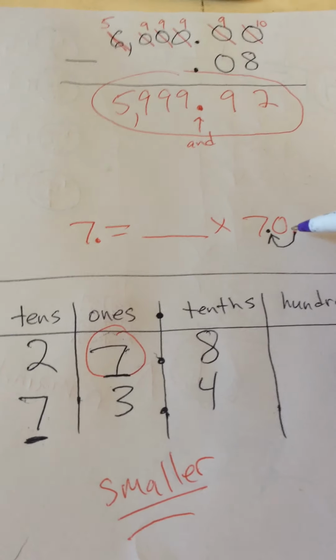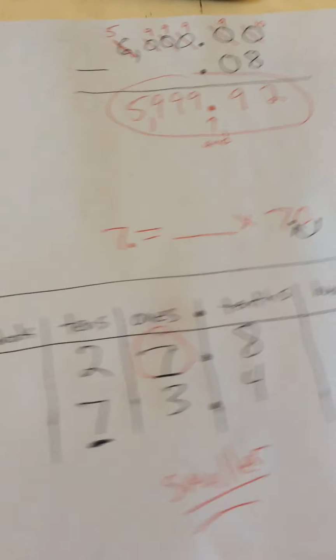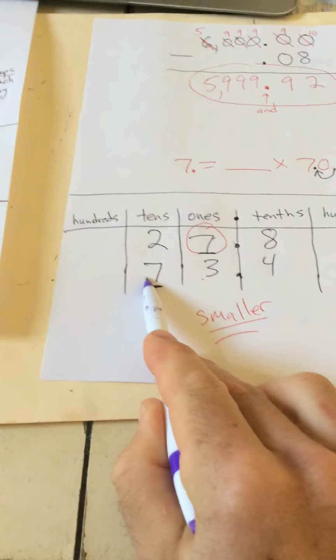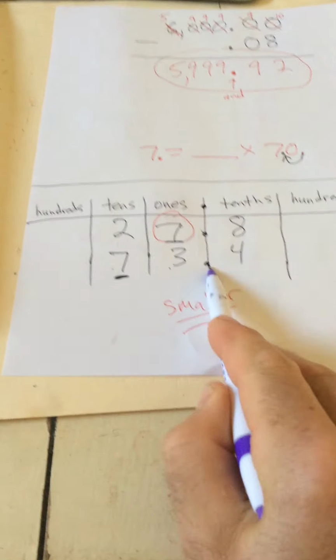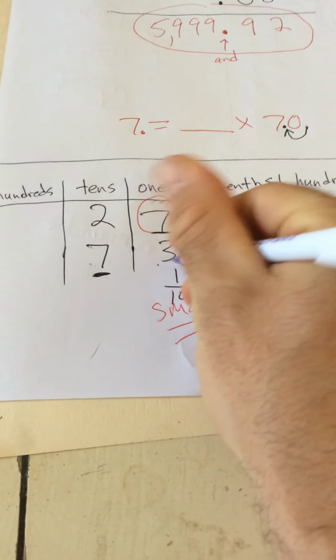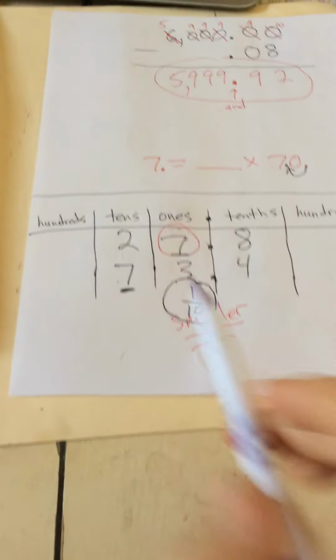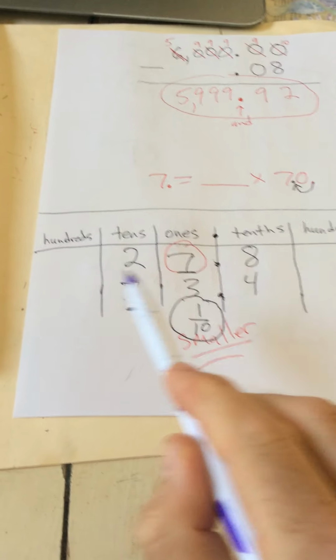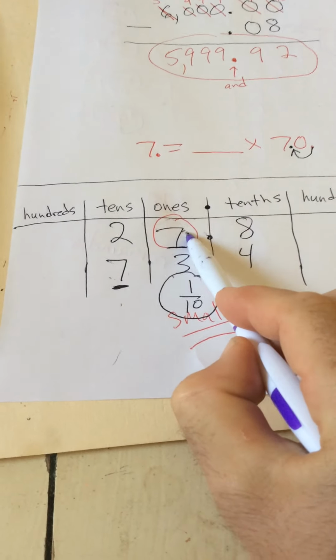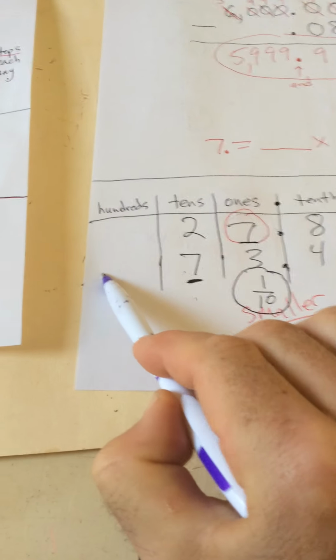So to make 70 into 7, we know that every place as we move to the left is 10 times bigger, and every place to the right is 10 times smaller, or 1/10 the size. So when we moved from here to there, we got smaller, so it's not 10 times bigger, because that would be going this way.